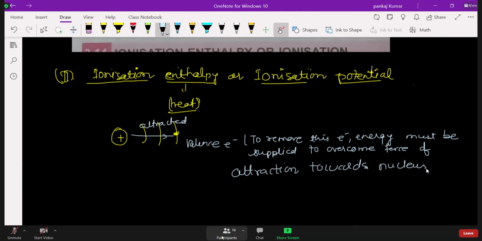We are going to calculate this energy only, the energy which is supplied to remove the electron. That energy is called ionization enthalpy or potential.